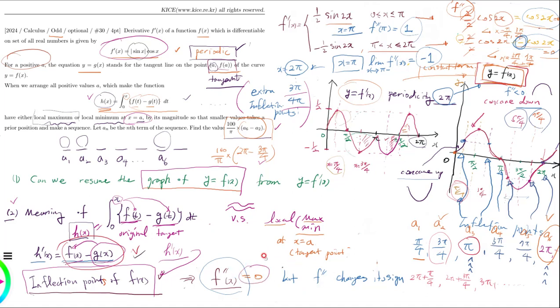Inflection point does not mean the second derivative is 0, but the sign of the second derivative changes around a certain point, let's say x equals b, and then it is called the inflection point. And then the original function and its tangent line cross through this inflection point. So okay, this is the whole point. Thank you.